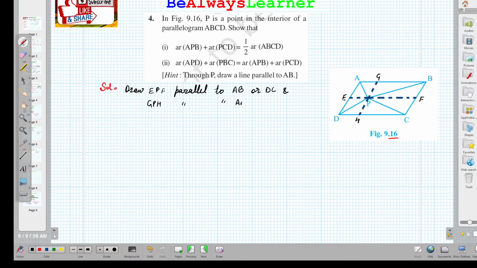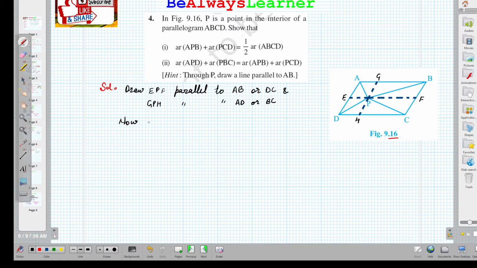AD or BC, right? So horizontal line is parallel to AB and DC, and vertical line, this slanted line, is parallel with AD and BC, right?